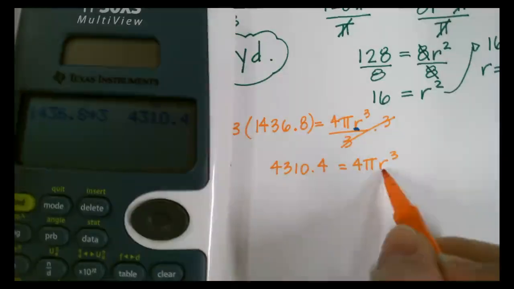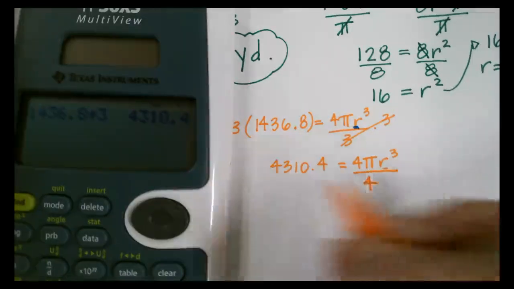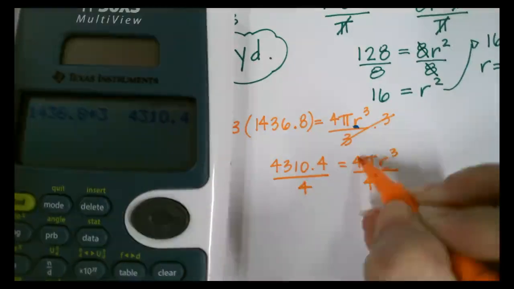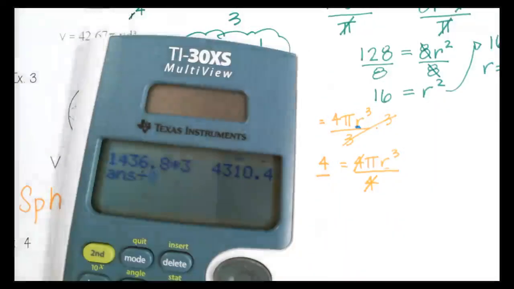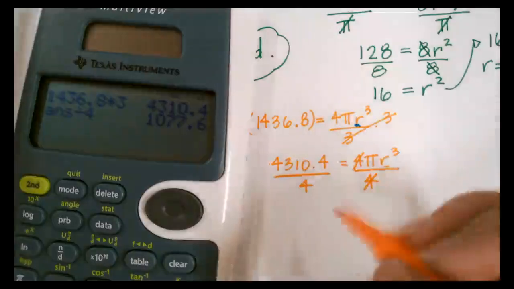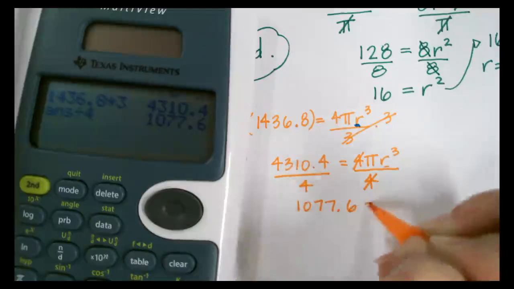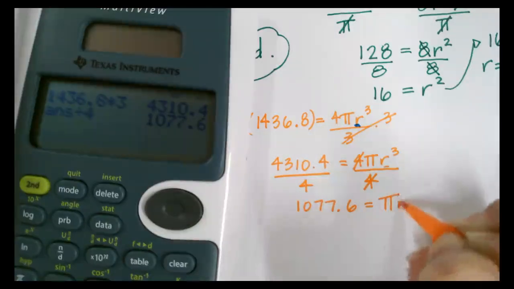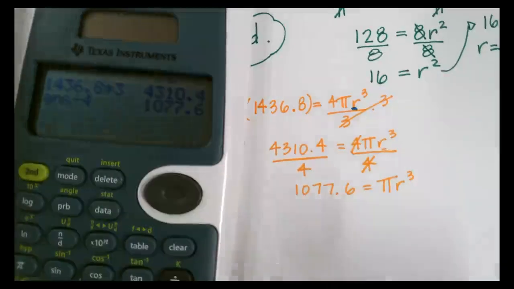All right, so again, we're trying to get r by itself. So next thing I'm going to do is divide both sides by 4 to cancel that out. So now I have 1077.6 equals pi r cubed. Still trying to get r by itself.